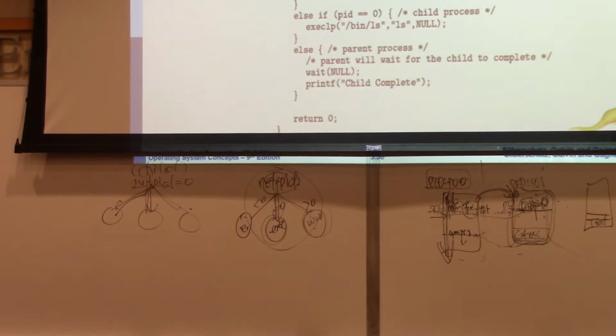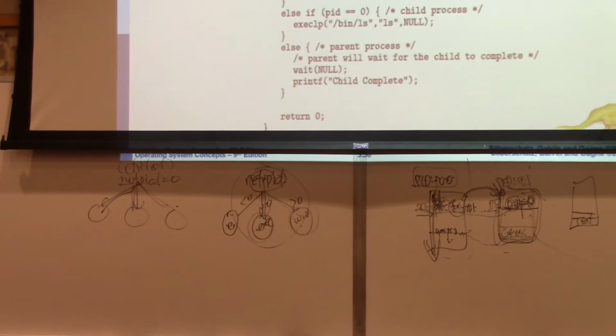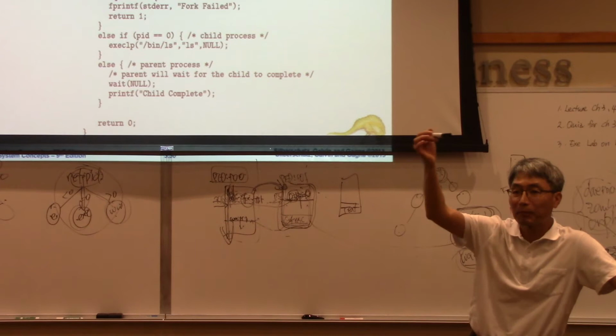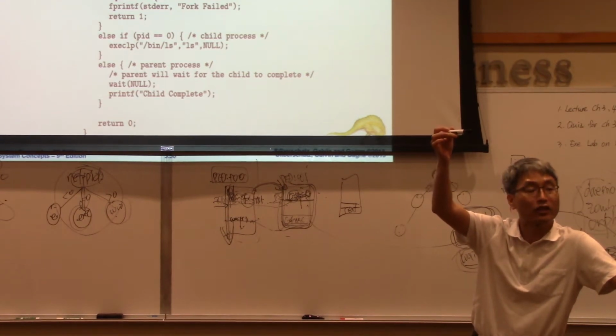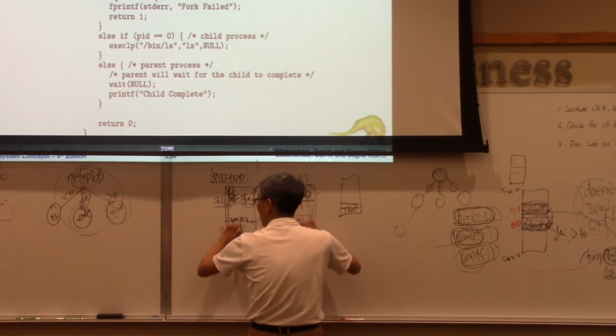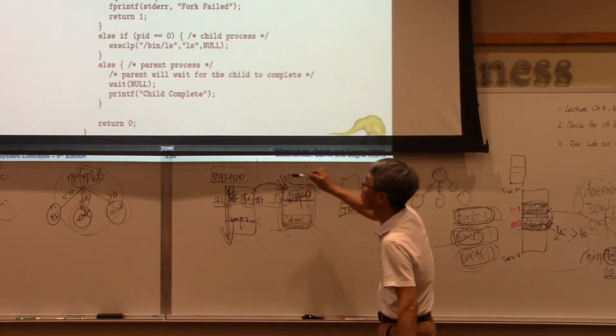To understand this, you'd better have a little knowledge of microprocessor assembly. Not the assembly command by command, but how the CPU is working. It uses the program counter, gets the location, and gets the next instruction, something like that. So these are the set of instructions in the text area. Then they share until the EXEC.